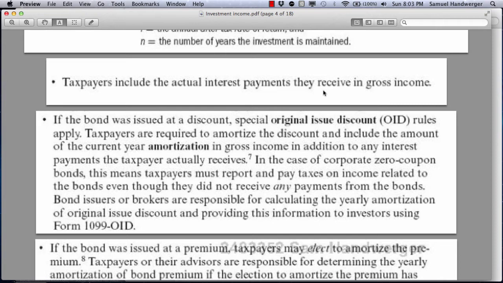So let's go back to a little bit more realistic example. This discount bond is $25, and the promise by the investment company is to pay you back in a certain number of years $100. So you're paying $25 to receive $100 back over time. That's what's known as an original issue discount. OID rules apply, and that basically means that you're going to pick up interest while you're waiting, while the time is going on.